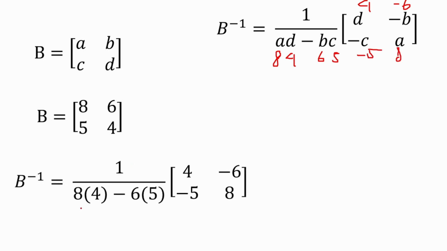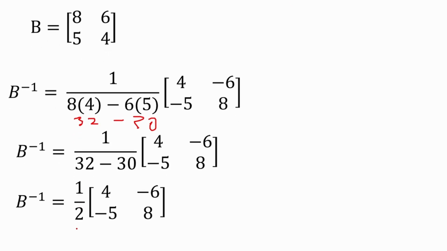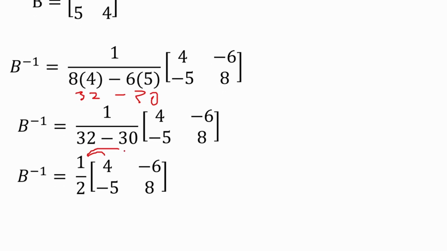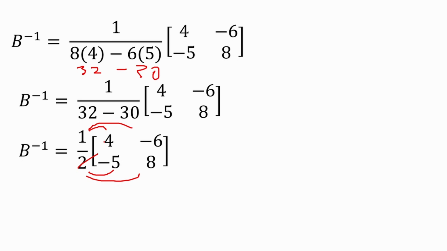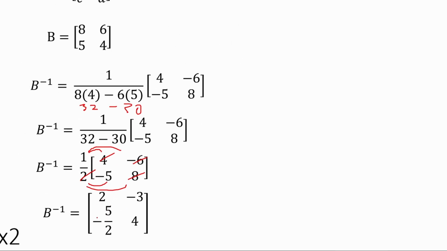Visualize it like this. This one is 32 and this one is 30. This will be 1 over 2, I think. Yes, 1 over 2. And then we just need to multiply each entry like a scalar multiplication. This one, this one, this one, this one. Then it will be like this.